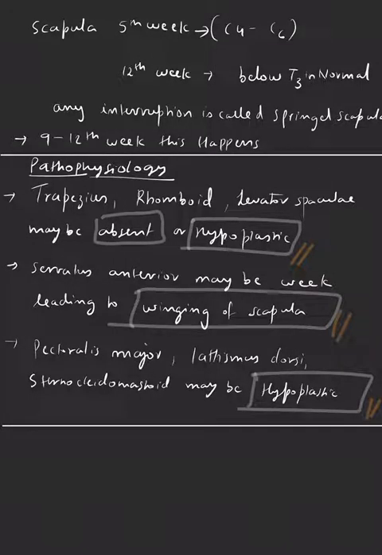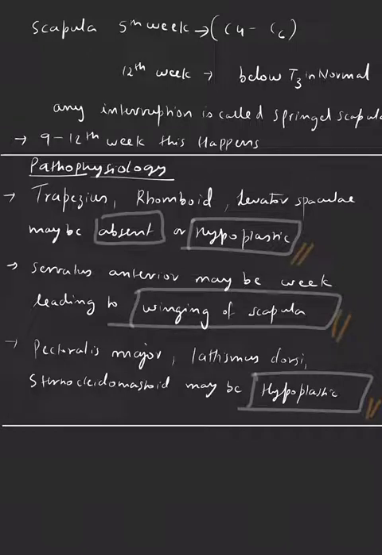Coming to the pathophysiology, there are some muscles associated with the scapula, and these muscles are placed at an abnormal point. So what we tend to write is that the muscles in and around the scapula are usually hypoplastic or absent because the scapula is present at an abnormal, highly placed location.